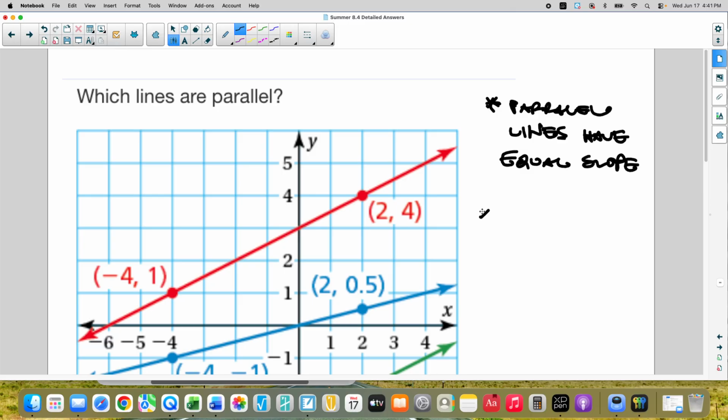Perpendicular lines have the opposite reciprocal. Equal slope, and this is opposite reciprocal.